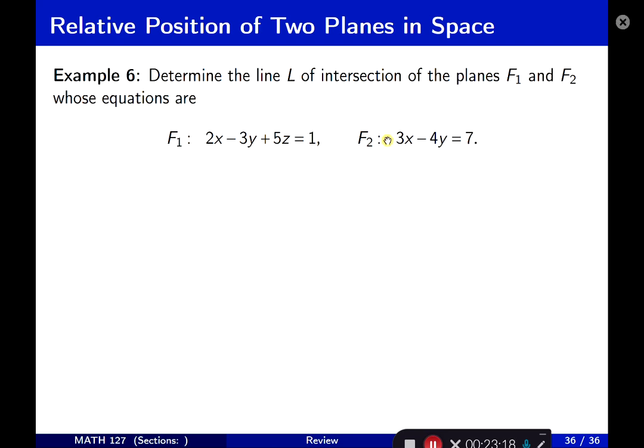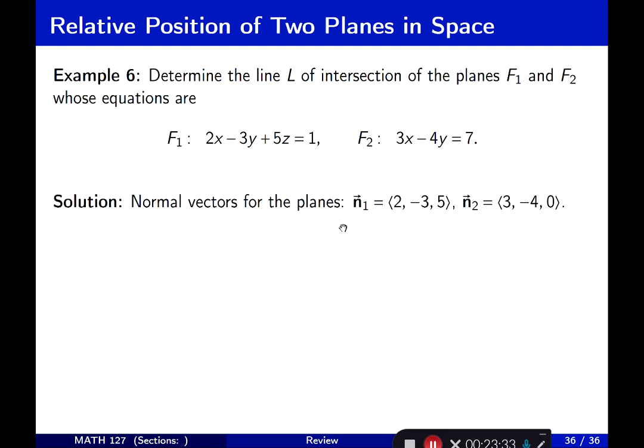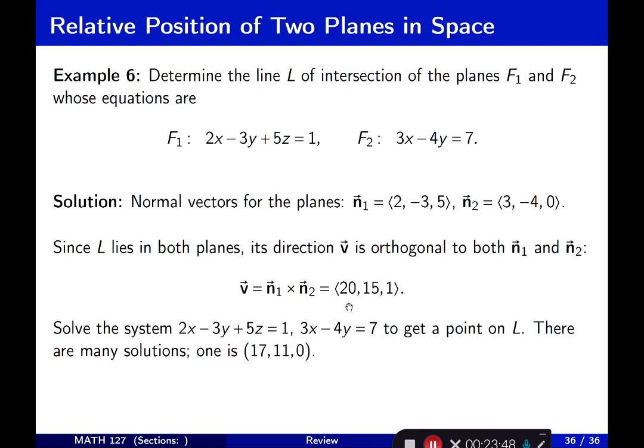So the normal vectors of this and this are perpendicular to the direction vector of L, and therefore I can cross product this normal vector with that normal vector, n1 and n2. First extract them: the normal vectors are these coefficients. Then you cross product those, and you get the direction vector for L.